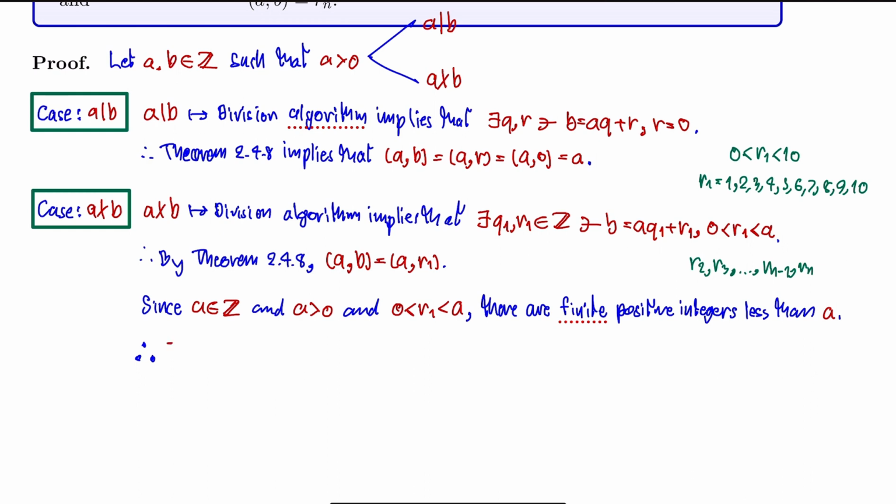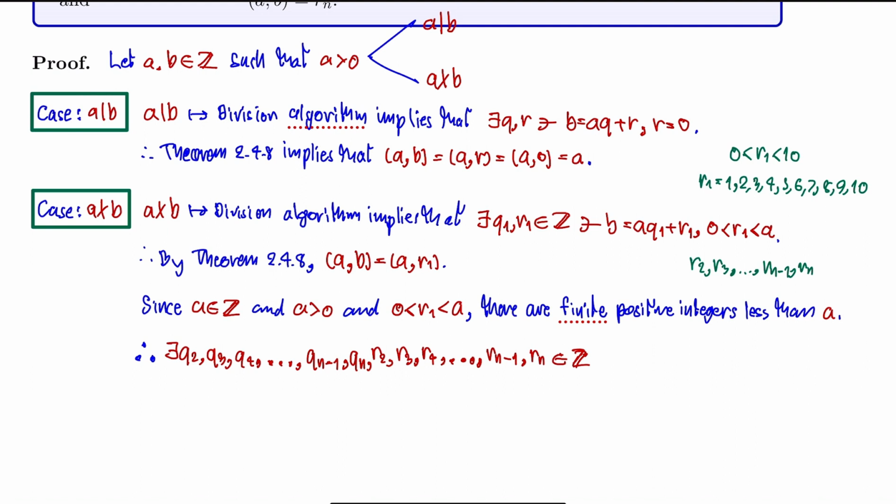So we gotta have Q2, R2, okay? Q3, R3, right? Q4, R4, and so on to Qn minus 1, Rn minus 1, okay? And Qn with Rn, and these are integers.